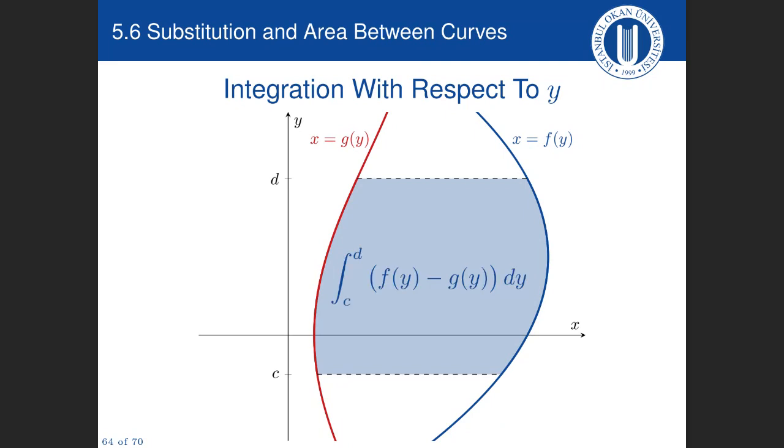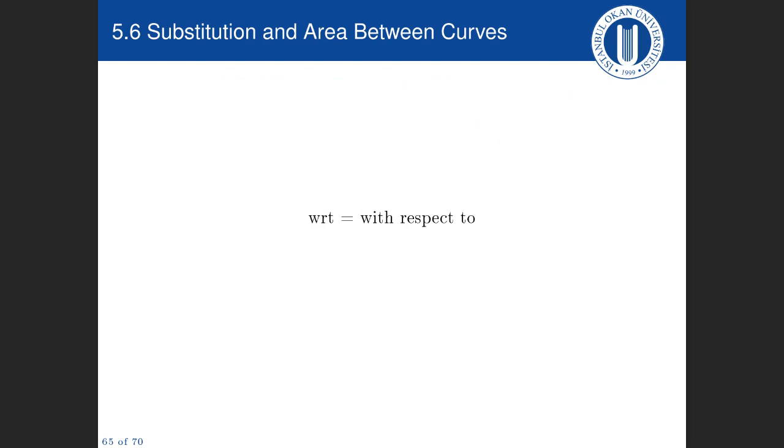Then the area of this region is going to be the integral between c and d of, now the bigger function means the function on the right, and the smaller function means the function on the left. So it's going to be f of y minus g of y dy. An abbreviation I'm going to be using a lot, WRT, I mean with respect to.